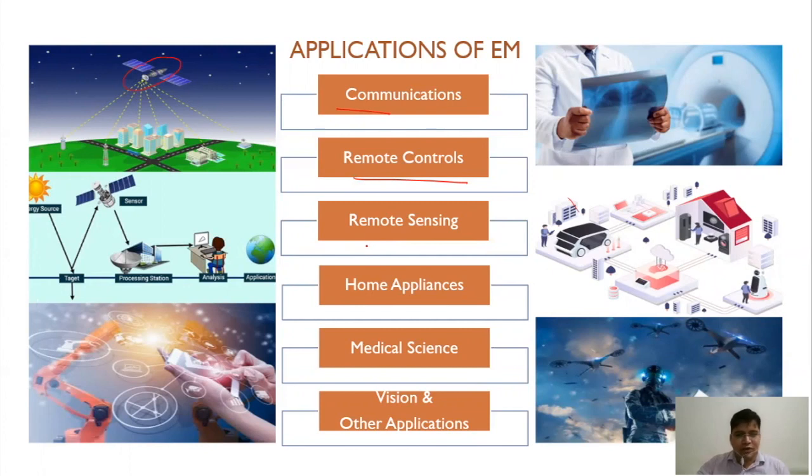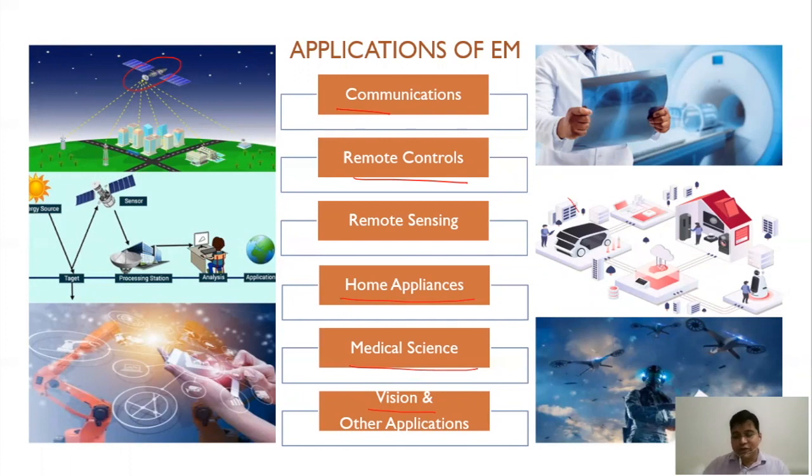Several home appliances, like the microwave oven, are based on electromagnetic waves, and a number of equipments in medical science are electromagnetic wave based medical devices. And then there is vision, meaning sunlight is coming to us and we are able to see several things. Sunlight is also a type of electromagnetic wave, and there are various other applications. So we will discuss these in this section.